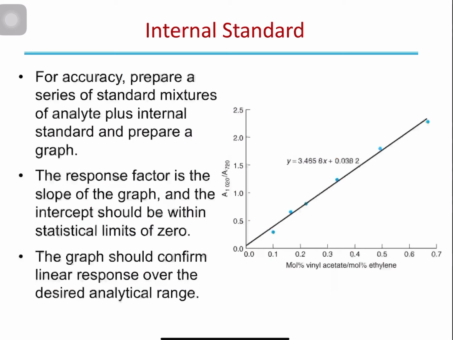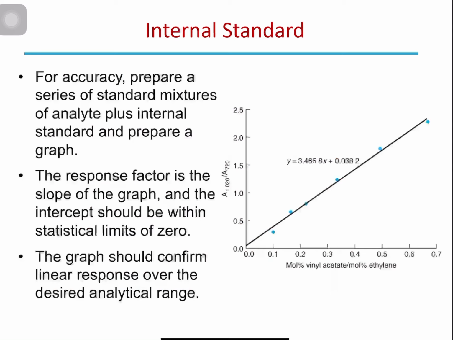For accuracy, we don't just run one experiment to calculate the response factor, but we can do a calibration curve for the internal standard as well. So we use a standard of our analyte, along with a standard of the internal standard, and we mix them together in different ratios.